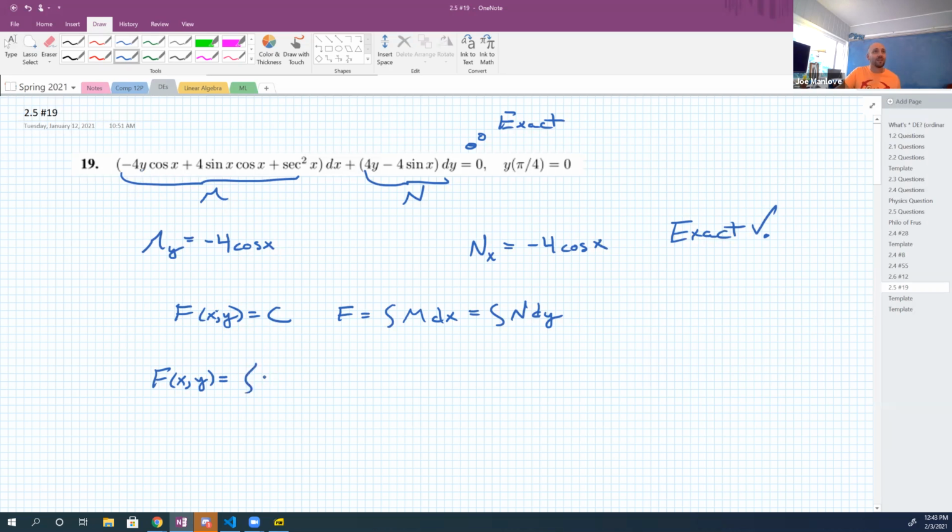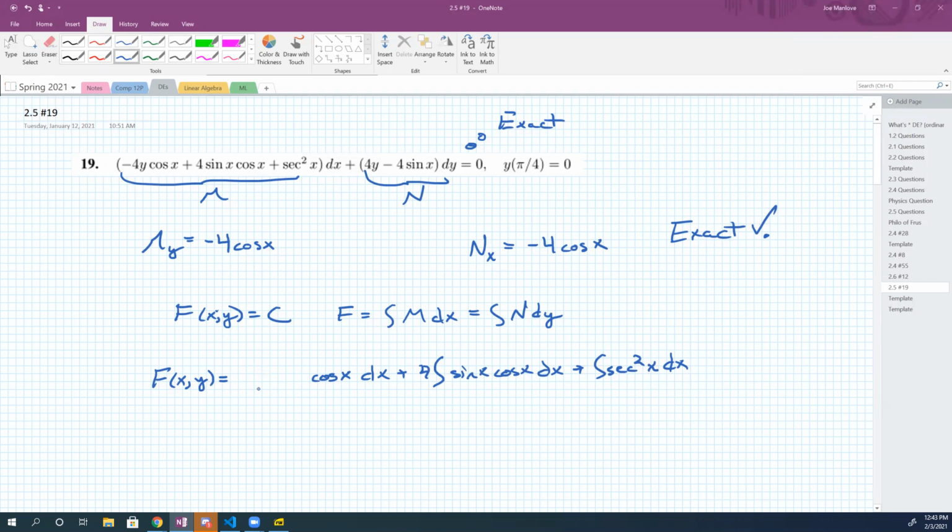That's going to be the integral of minus 4y cosine x dx plus 4 times the integral of sine x cosine x dx plus the integral of secant squared x dx. And I guess I should pull this minus 4y out front.